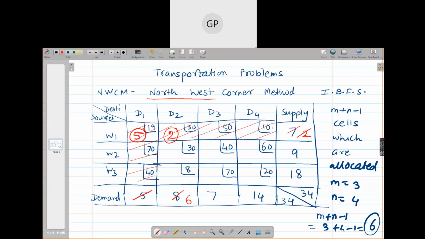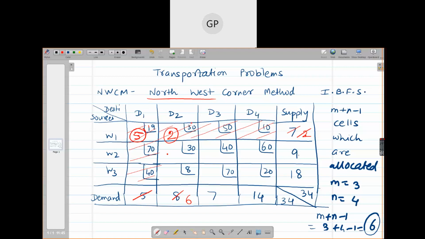Yes, ma'am. Now which is the leftmost corner from the remaining cells? 30. T2, W2, 30. Yes, W2, D2, right? So what is the situation here? What is the demand required at D2? 6 units. And what is the corresponding supply? 9.